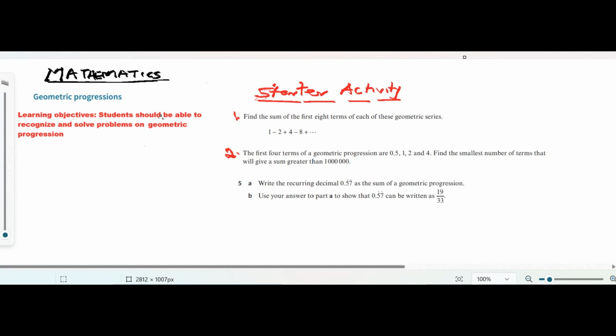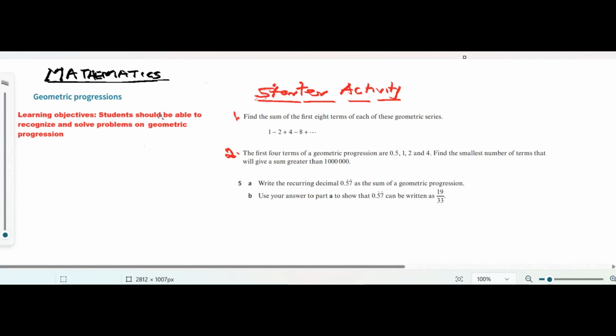If such numbers are demarcated with a comma, then you call them a sequence. But if it's demarcated with a sign, either plus or minus, then it's a series.